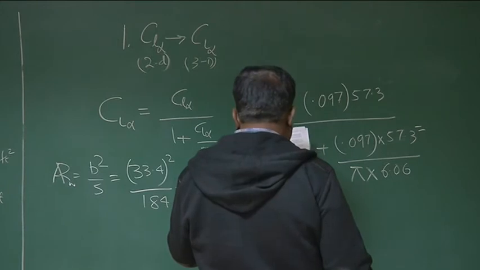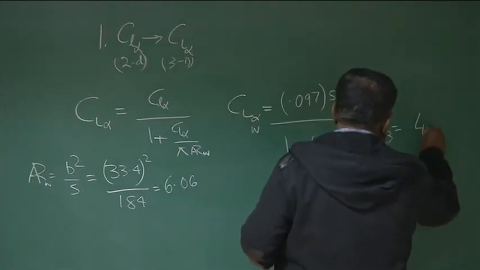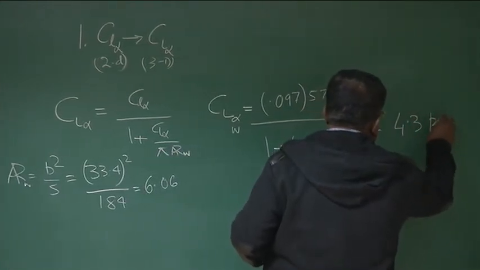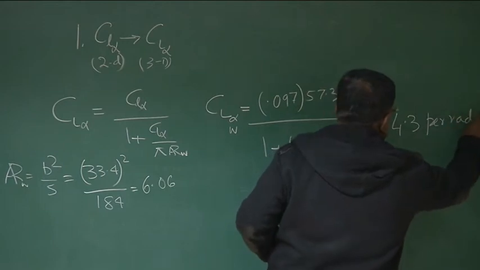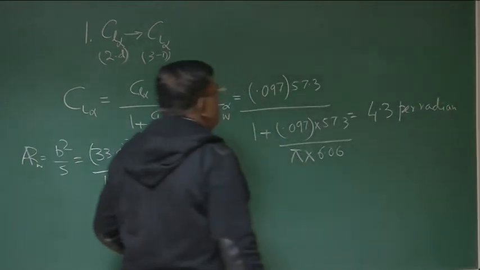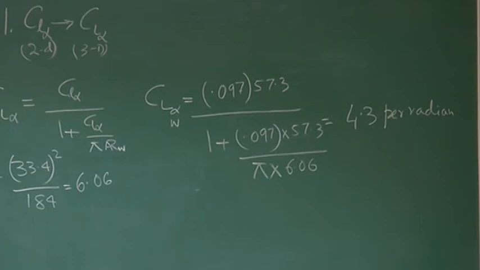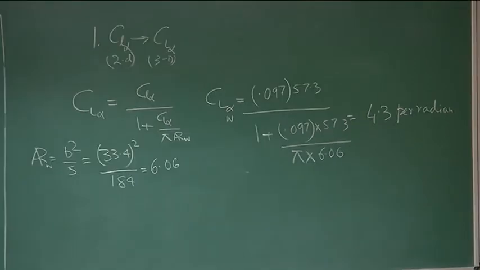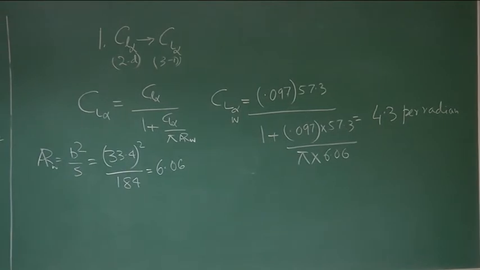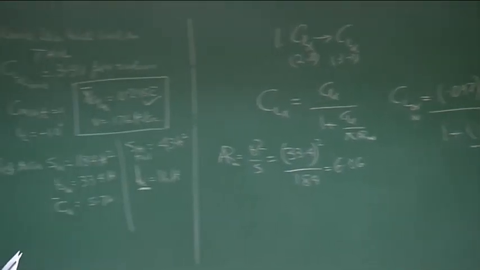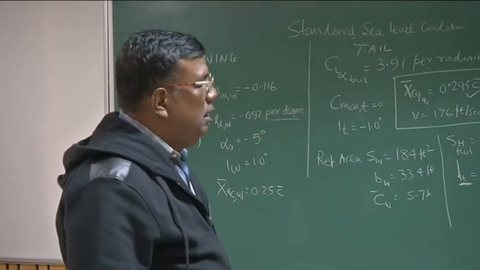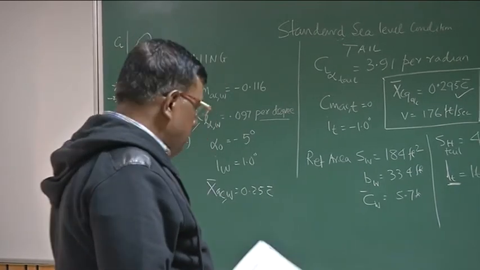And if we do the calculation, if I am not wrong, this is 4.3 per radian. This problem is also from Nelson, which I showed you yesterday, so those who are interested can see this problem there. But let us understand, I am using this problem to synergize whatever I have talked about stability. Similarly, you see it for control as well.